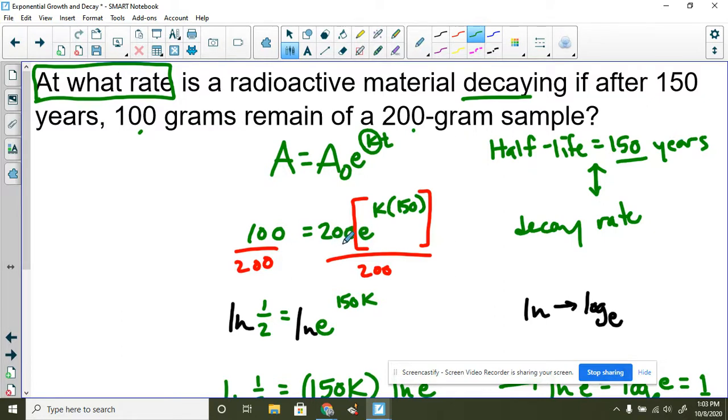If I multiply 200 by a number that's greater than 1, that's going to exhibit growth. But we're decaying, which is the opposite of growth. So we need to shove this entire power underneath this number to divide it to make it smaller. That's why that k value has to be negative in our half-life problem.